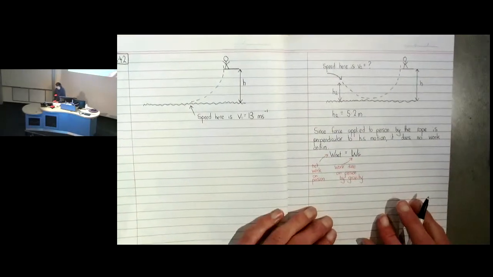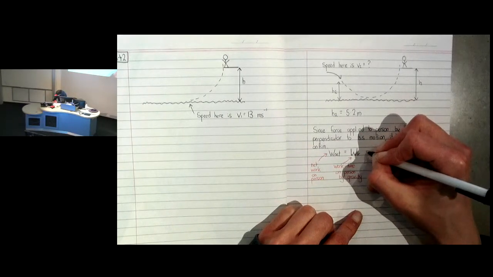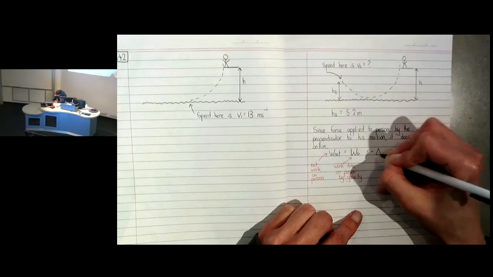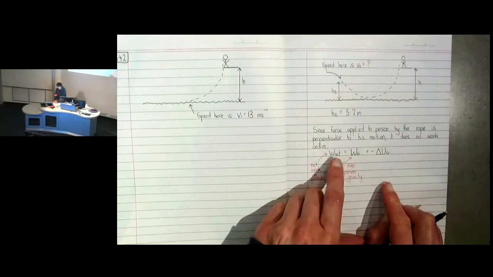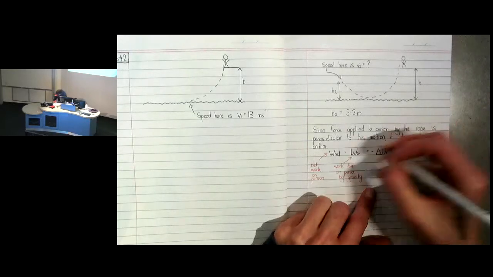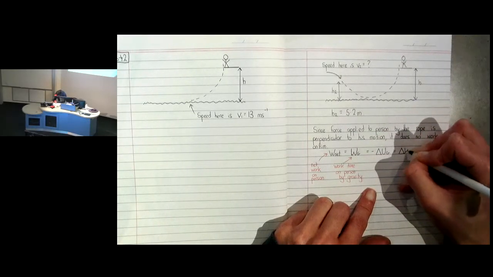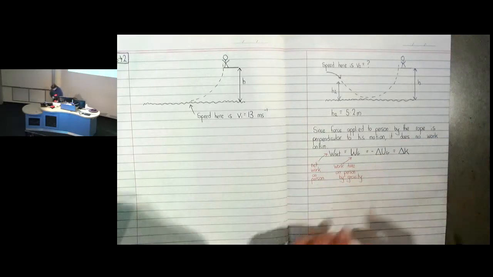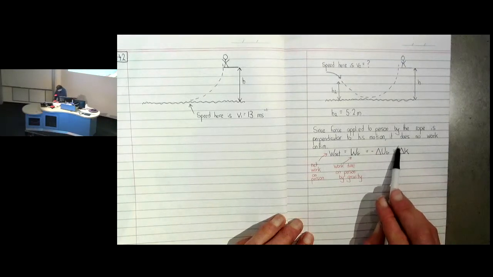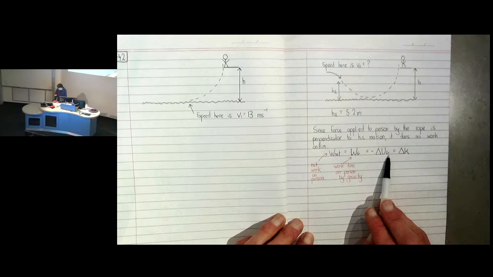Now, the work done on him by gravity is equal to the negative of the change in his gravitational potential energy. And since that is the net work, it also has to be equal to the change in his kinetic energy, by the work-kinetic energy theorem. So we can figure out the change in his kinetic energy by calculating the change in his gravitational potential energy.